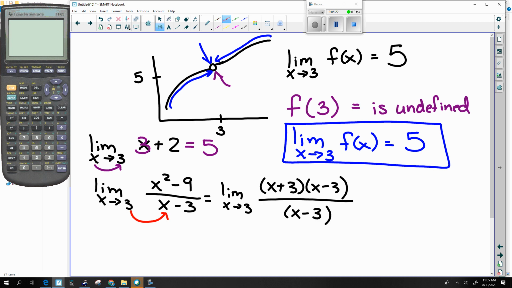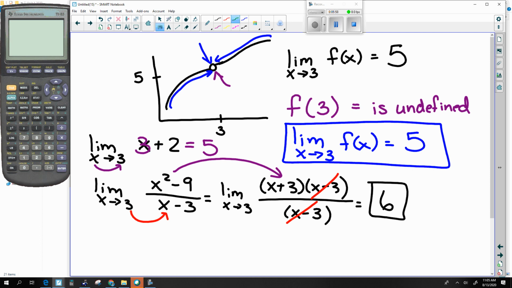And if I do a basic elimination and factoring, a lot of times you create a problem that is now non-illegal mathematics. So now I can legitimately put in the number 3, and I will get the number 6. So this is equal to 6. If you see illegal mathematics, chances are it can be simplified, it can be changed in some way.